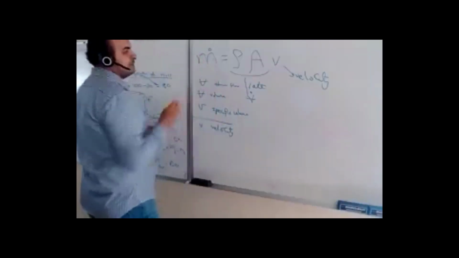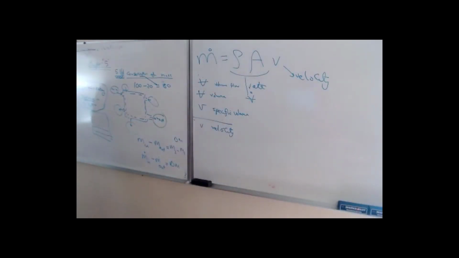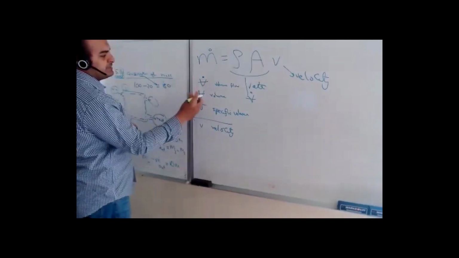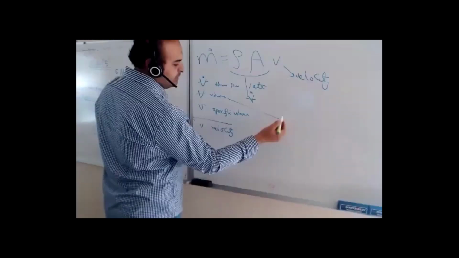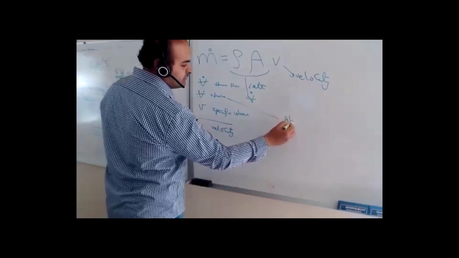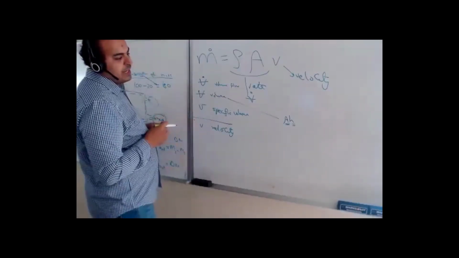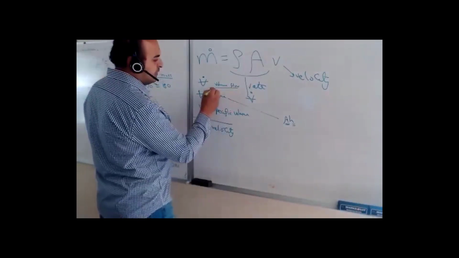Is it clear, guys? What's the difference between the volume and the volume flow rate? Is it just the dot? Yeah, it means per unit time, V over time. This is volume, for example, the area of the base times the height, if you have a conical or pyramid shape. How about the volume flow rate?